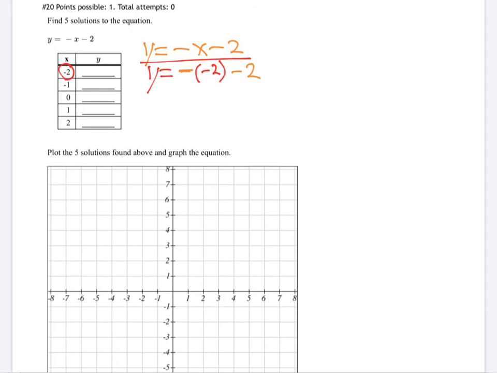I just took that negative 2 and plugged it right in there for x. Yeah, and then the two negatives is going to make it positive 2, isn't it? That's going to become positive 2 minus 2, which is 0. Is that good there? And then we just keep on going. So I'm going to go dot, dot, dot.